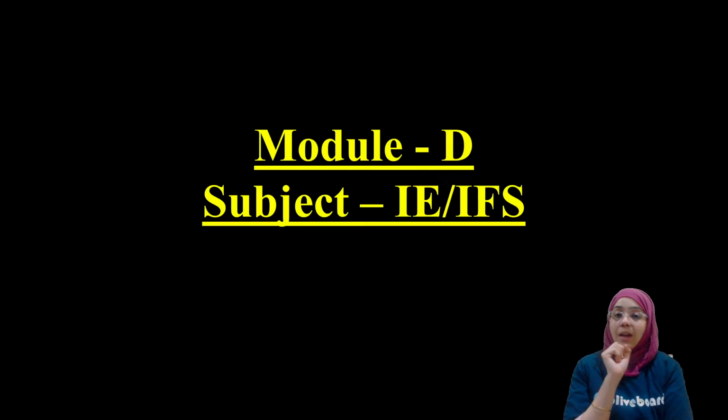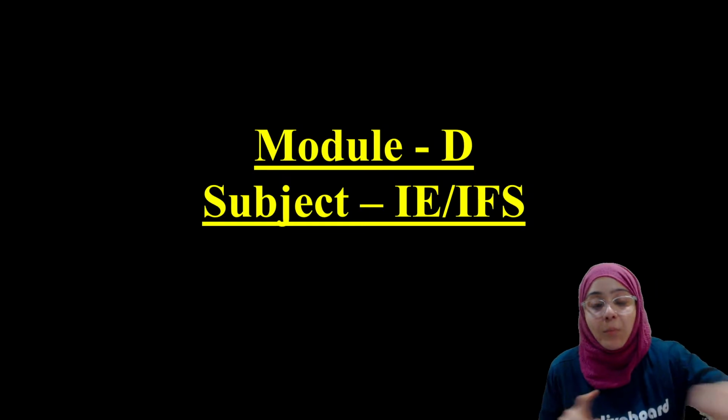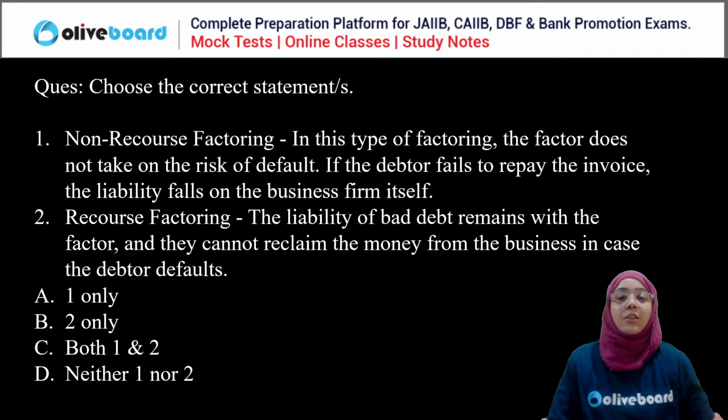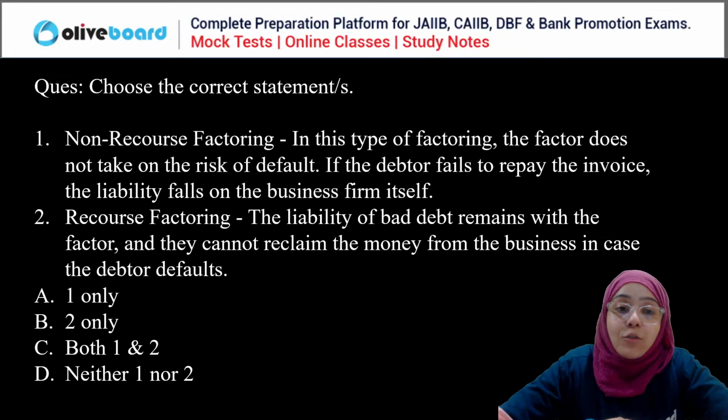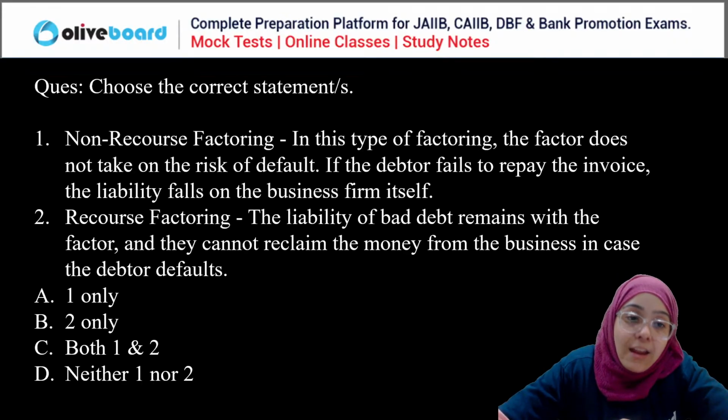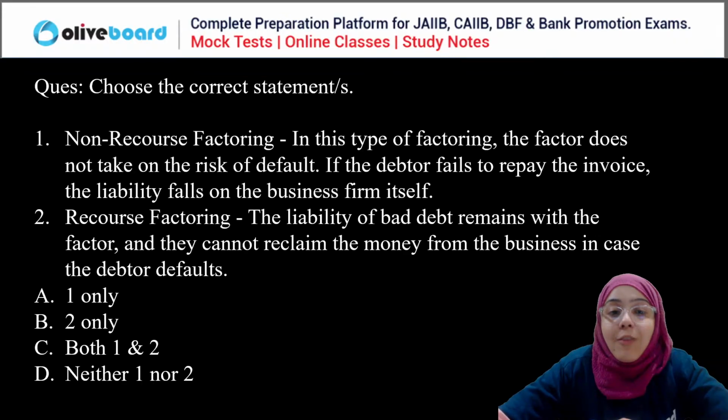So let's start discussing this IEIFS Module D, everyone. Let's discuss the very first question. We have to choose the correct statement here. Non-recourse factoring: in this type of factoring, the factor does not take the risk of default. If the debtor fails to repay the invoice, the liability falls on the business firm itself.